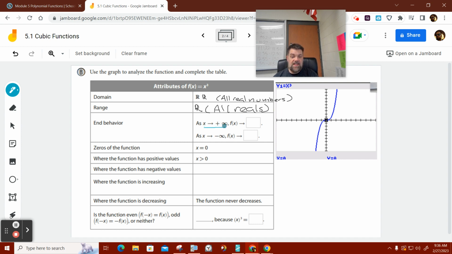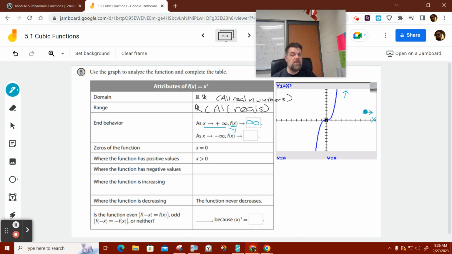When I say as x approaches positive infinity, this is my x-axis. Positive infinity goes this way, right? So what I'm really trying to do is figure out what does the y value do? In other words, as I go to the right, what does my y value do? It goes up. Where does it go up to? It goes to positive infinity.